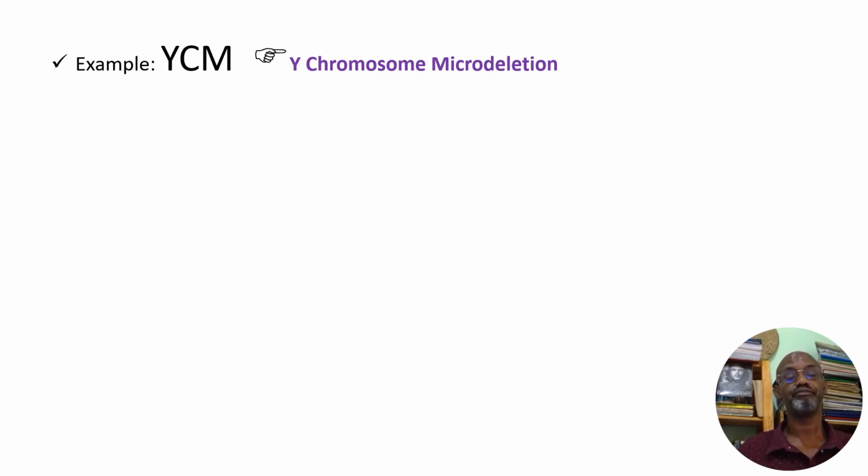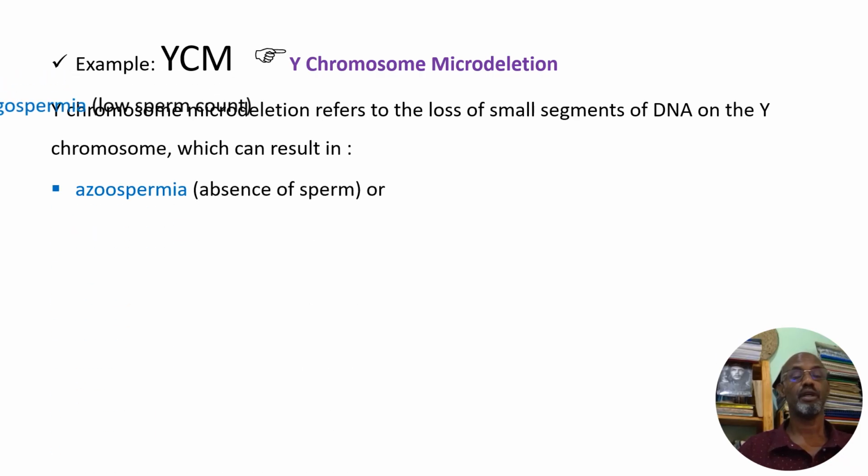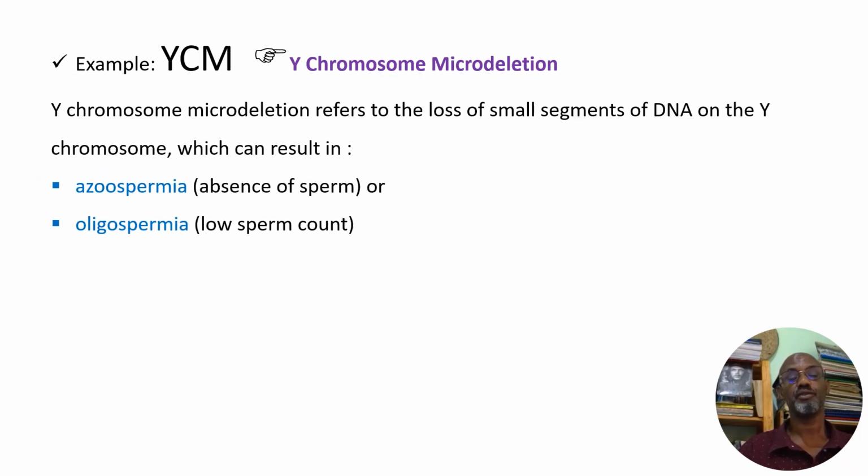It's very small, still, that small part of the Y chromosome principally determines maleness. If microdeletion occurs at specific points, microdeletion refers to the loss of small segments of DNA on the Y chromosome, which causes azoospermia and oligospermia.